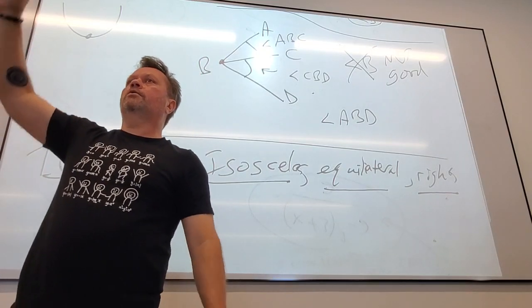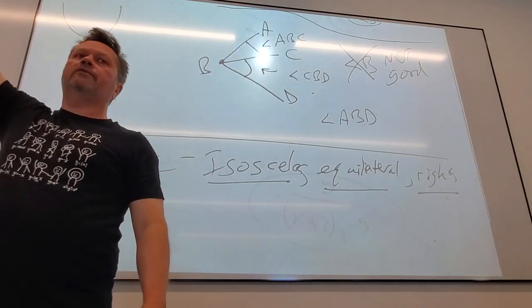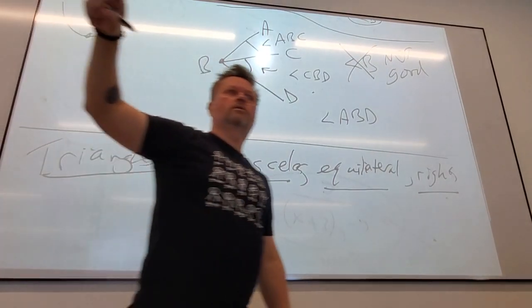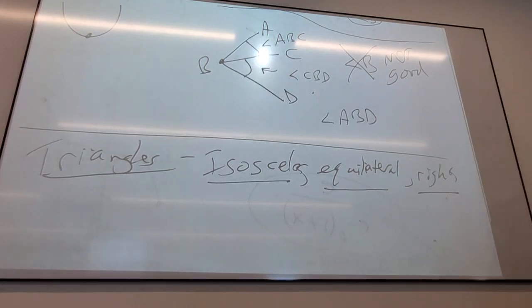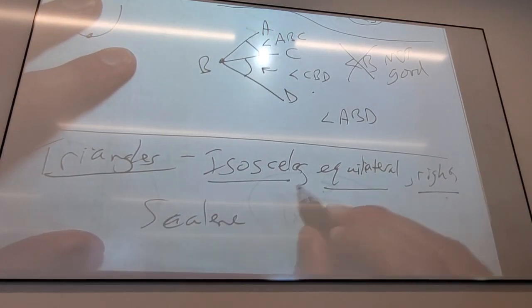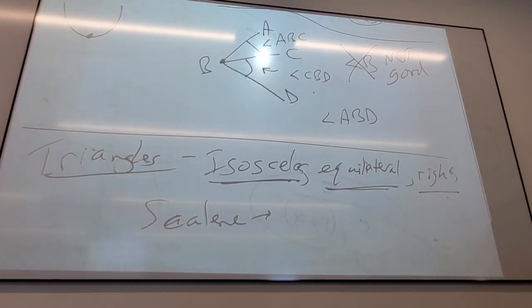So isosceles must have 2 sides that are the same length. Equilateral must have all 3 sides the same length. Scalene is something about the side lengths. If I'm not isosceles and I'm not equilateral, that must mean I have how many sides the same length? 0. None. Good.